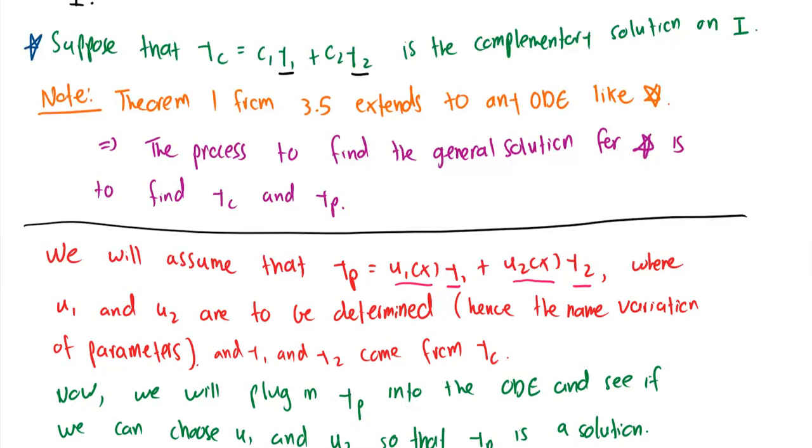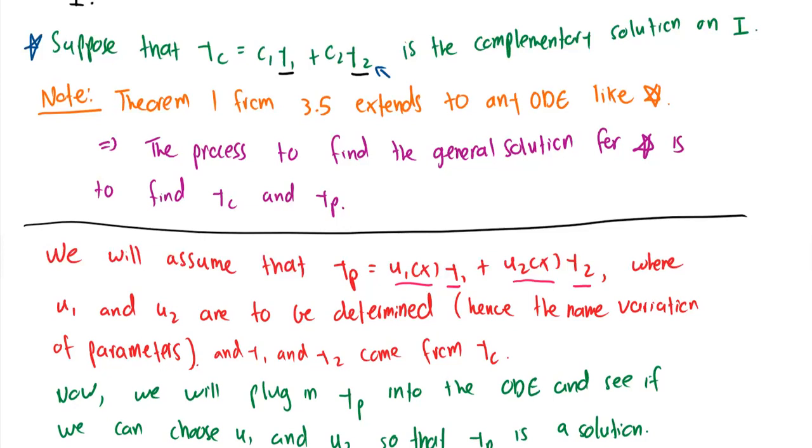Now, we can't use constants for u1 and u2 because if we did, we would be in the general solution for the homogeneous case, and y sub p would go to 0. So since we can't use constants, we replace constants with unknown functions of x.